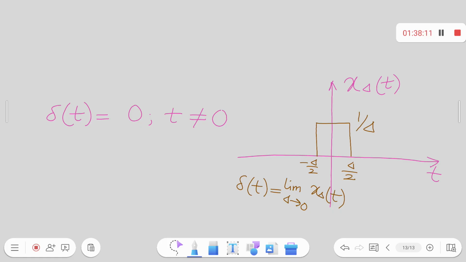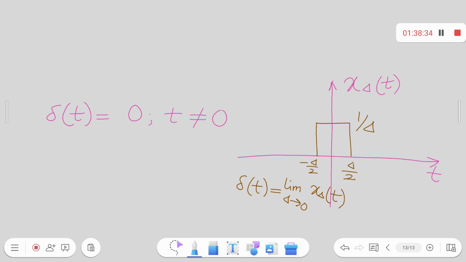Delta tending to 0 times delta t. Okay. And everywhere you find, if you integrate this delta x delta t over a particular period from minus delta by 2 to plus delta by 2, that will give you a unity value.